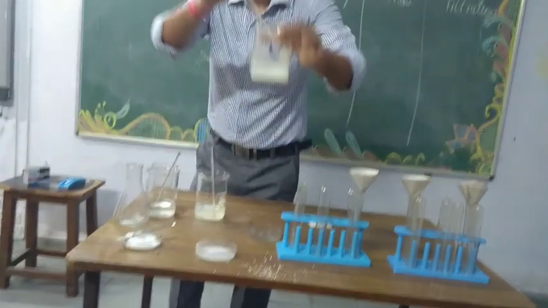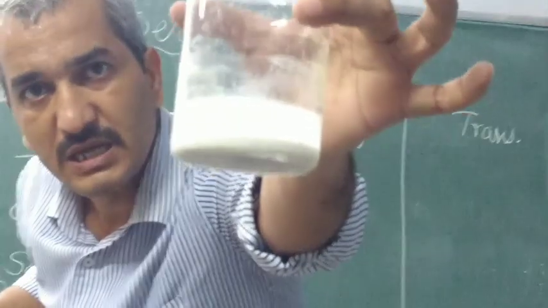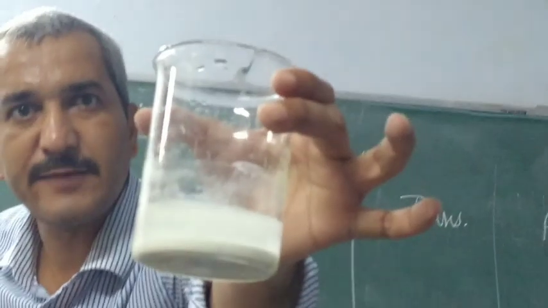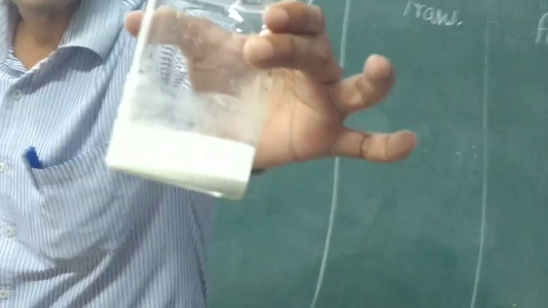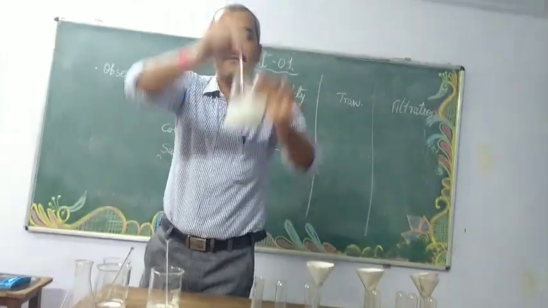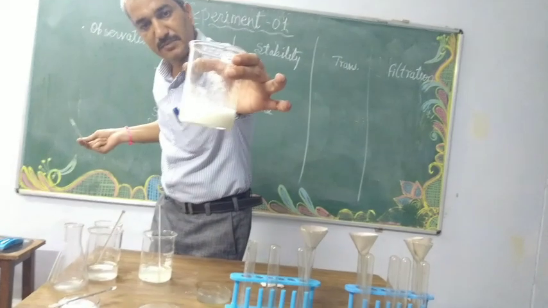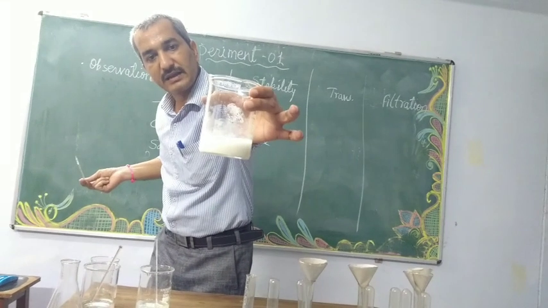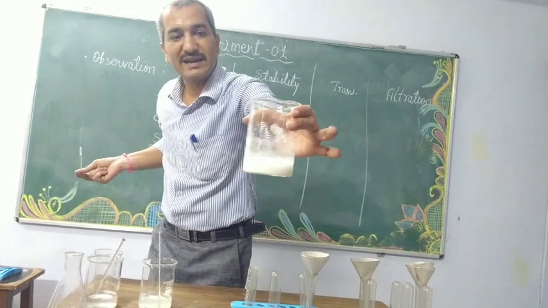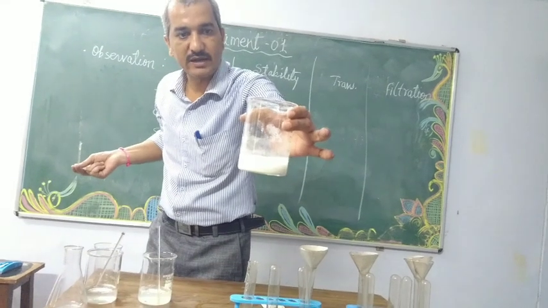And you can see easily the deposition. Are you able to see in the camera? Is it visible clearly? Okay. The solid particles are deposited at the bottom. What do you infer from this activity? That when this mixture of chalk powder and water is left for some time, the solid particles get sedimented and settle down at the bottom.